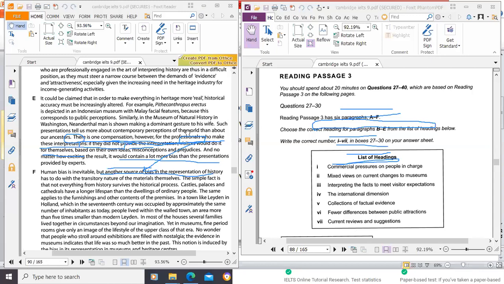Just know that any paragraph in English language is talking about one thing, which is a main idea, and there are other supporting ideas. That main idea is the topic sentence, the main idea in the passage.